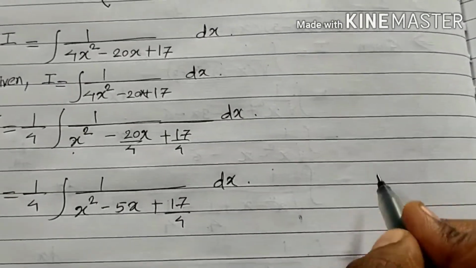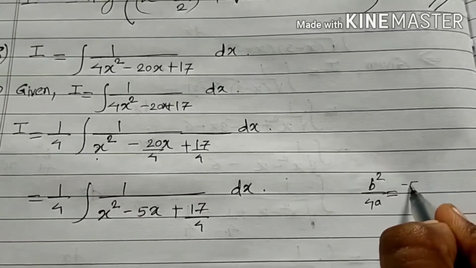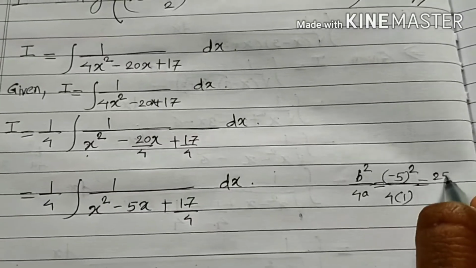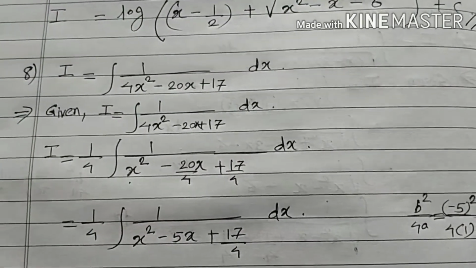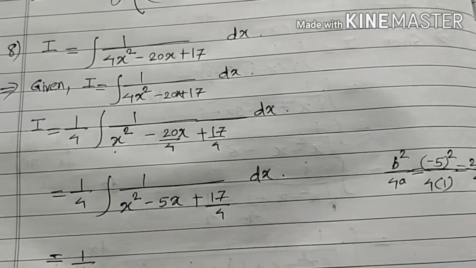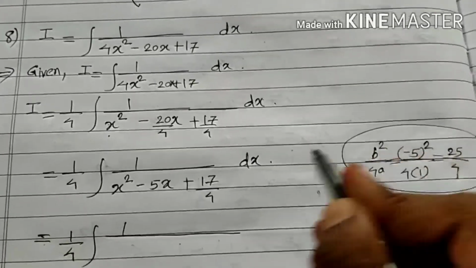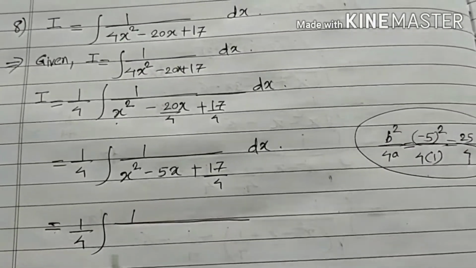Now use here the formula b square upon 4a. So b square is minus 5 square upon 4 into 1. So it is 25 upon 4. 1 upon 4 integration of 1 upon. There is no need to write it, it is only for your understanding.